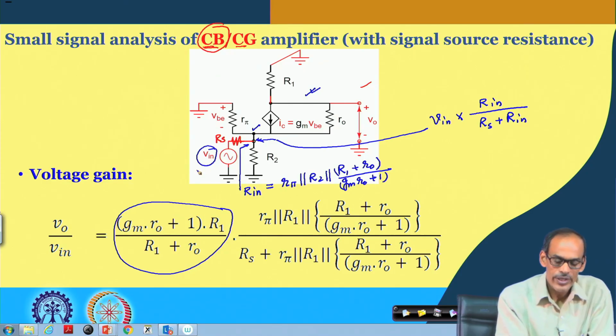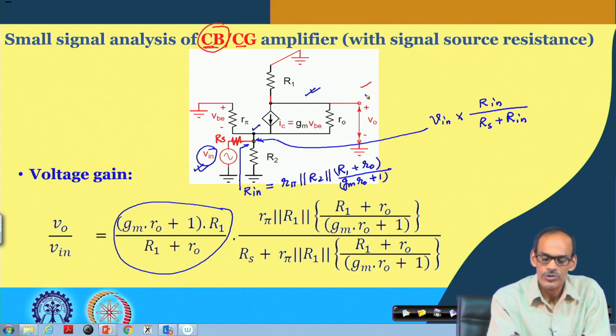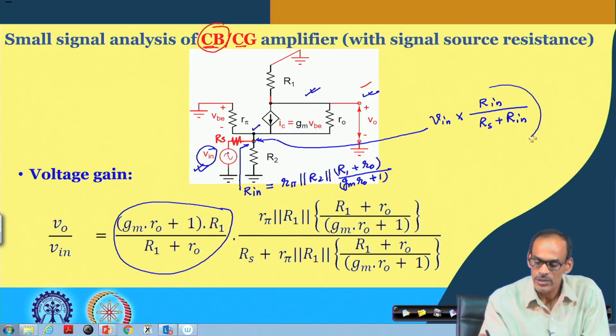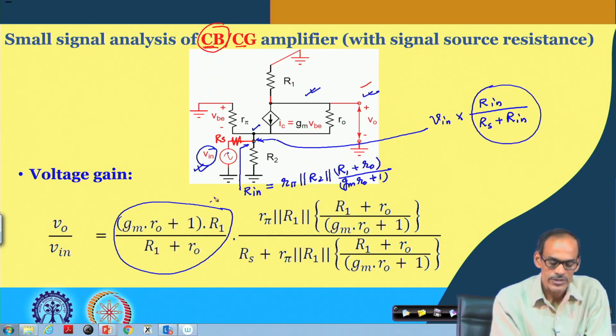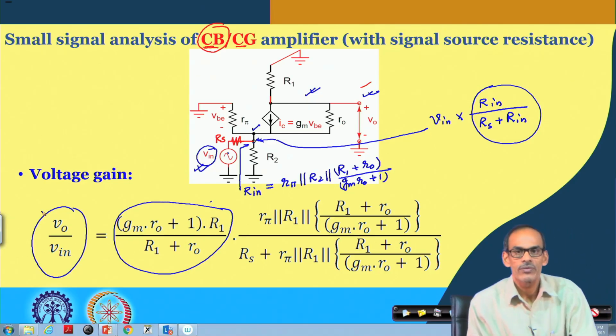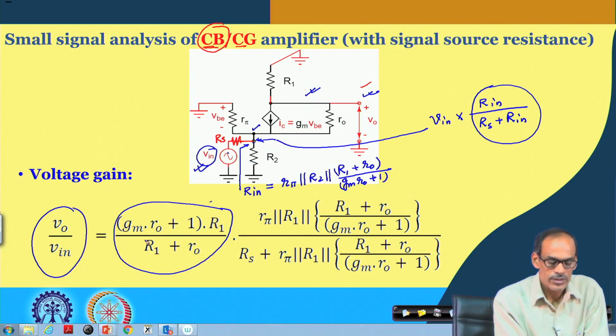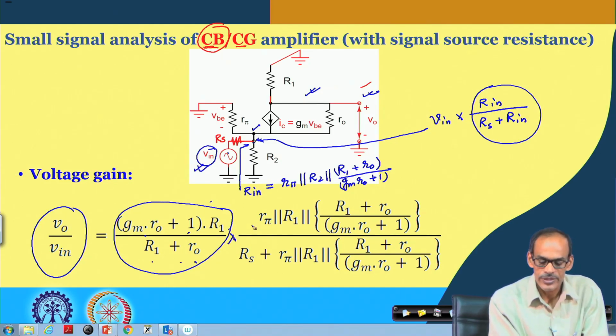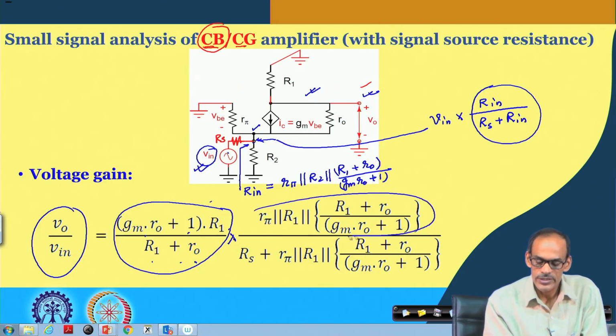So, the overall gain from the primary input to the primary output will be this attenuation factor multiplied by this gain. So, we can say the overall gain Vo divided by Vin is (Gm RO plus 1) times R1 divided by R1 plus RO, multiplied by this part, where this is Rin, this is also Rin.